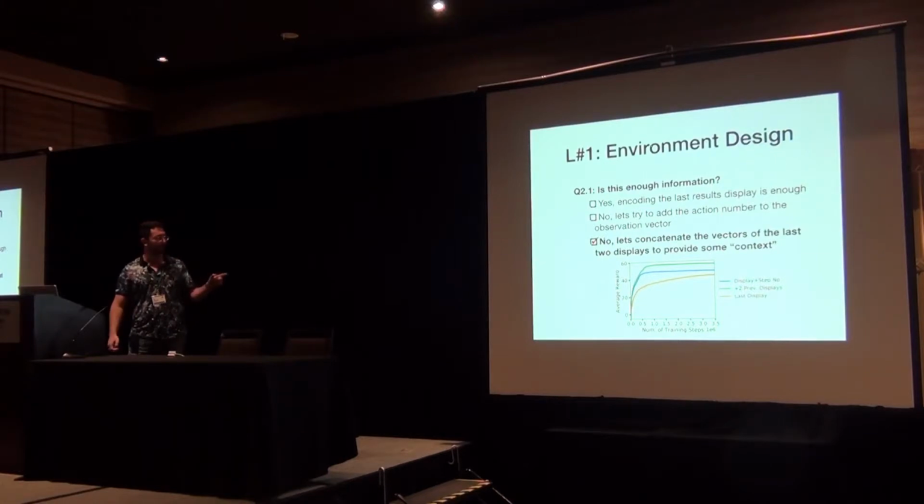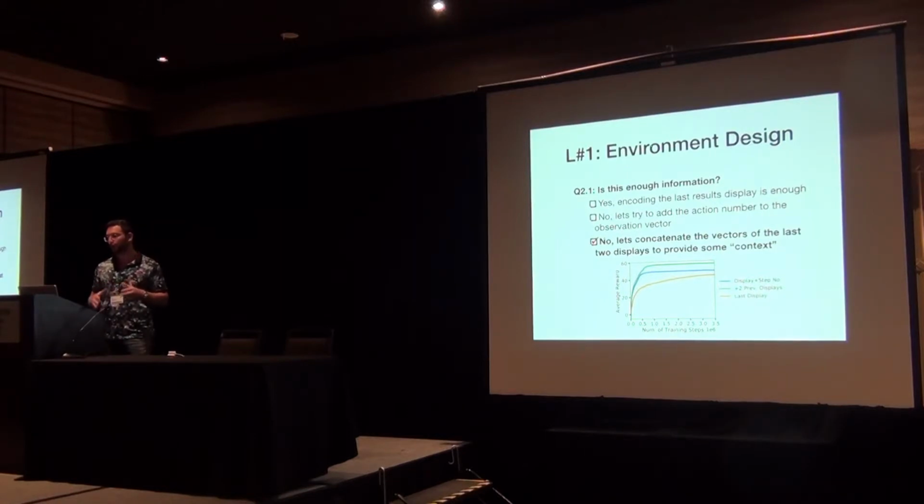The orange line that you see is the learning plot of the architecture when we only encode the last result display. What you can see is that it does converge, luckily, but only after about 3 million steps, and I don't know if you can see it from the back, but it does display some fluctuation, so it's rather unstable, even when it reaches convergence.